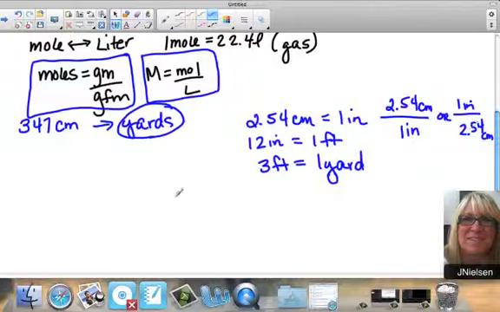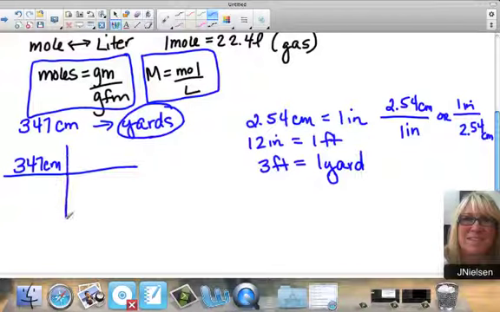It really depends on the units in the equation, what I'm starting with and where I need to be ending up. So if I'm starting with 347 centimeters, in order to get centimeters to cancel, I need to have a unit of centimeters in the denominator. So I can say 2.54 centimeters equals 1 inch. And my centimeters cancel.